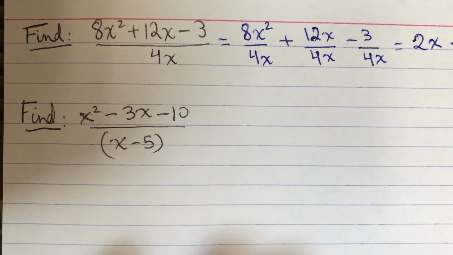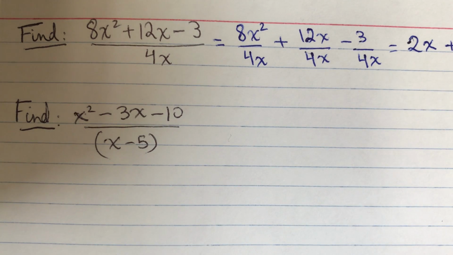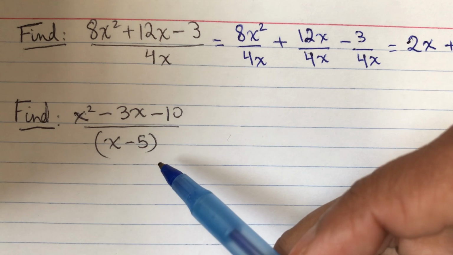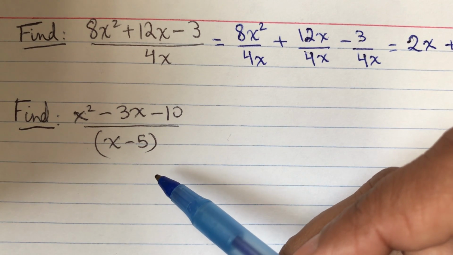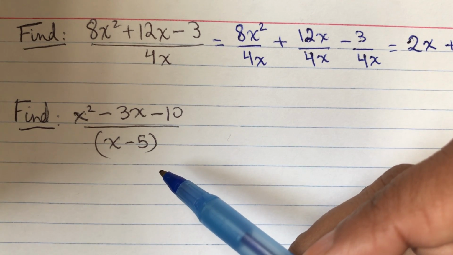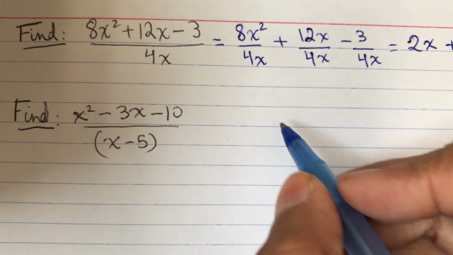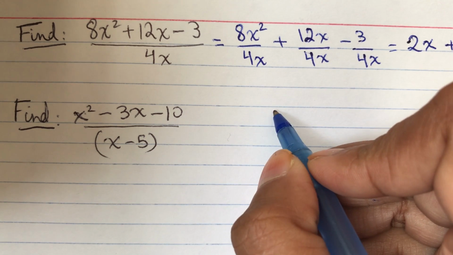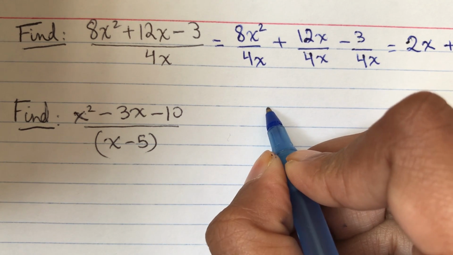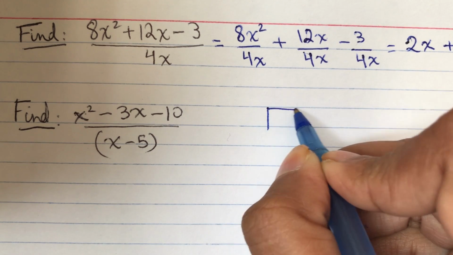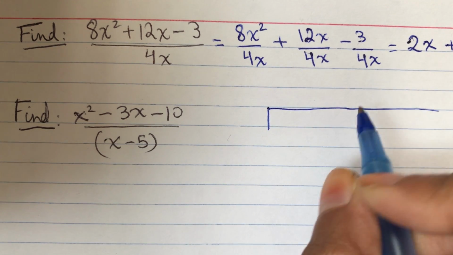a polynomial division where I have a trinomial divided by a binomial. So in this case, we will use the long division method, and how that goes is I'm going to make here a broken L, just like that. Okay?